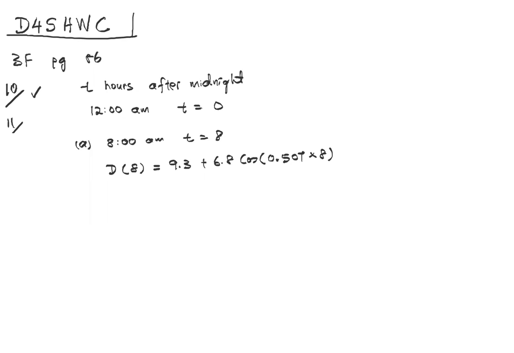You key in your D of T into Y1. So you straight away get the answer. If during the exam, you don't even have to show substitution. You can straight away write D8 equal to what, from your graphic calculator. That saves all your time. Are you clear? So this one you can check the answer.